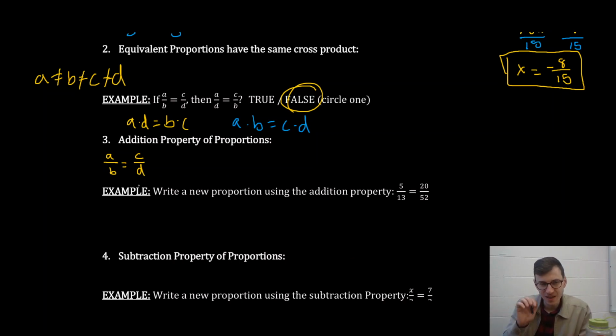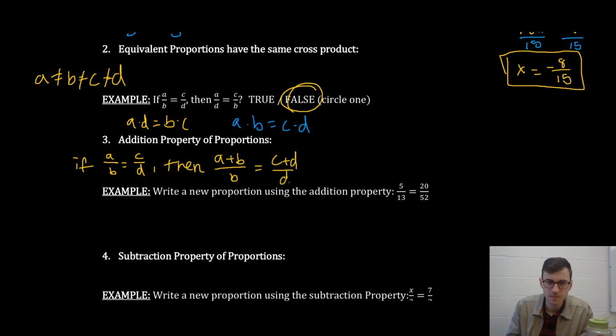We're adding the same thing to both sides, but it's going to look a little bit different. So the equivalent, if this, then here's the property right here: A plus B over B equals C plus D over D.